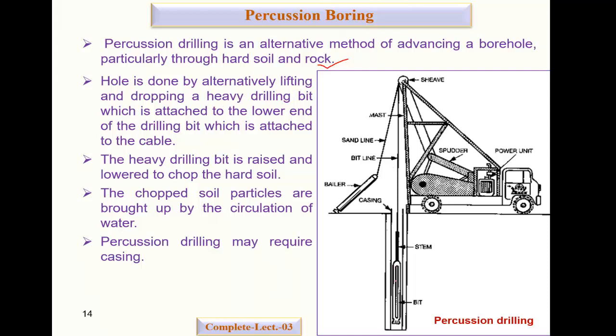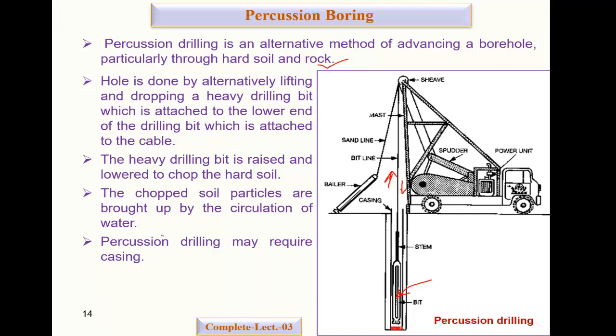Suppose you have this drilling bit, can you see it? By pulling the rope or cable, they pull it up and drop it, and it hits the ground here and makes the hole this way. That's why they say alternately lifting and dropping a heavy drilling bit, which is attached to the lower end of the cable.